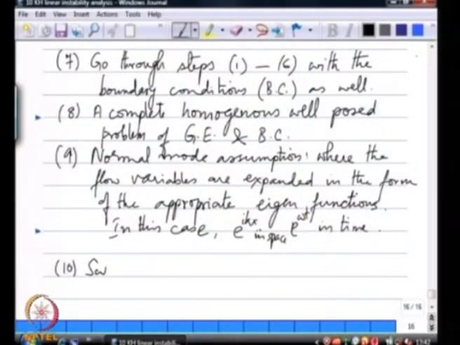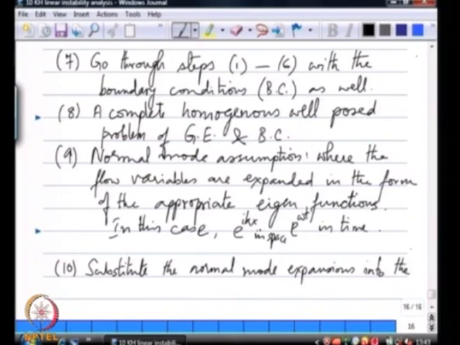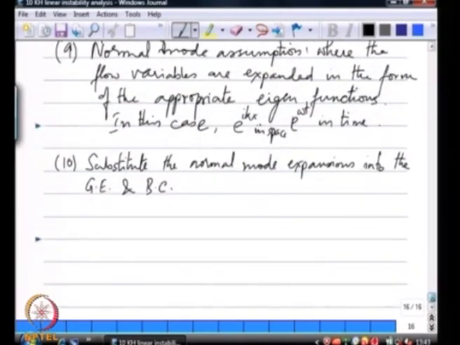By the time you complete step 9, you can substitute these into this gives a set of ordinary differential equations in y.